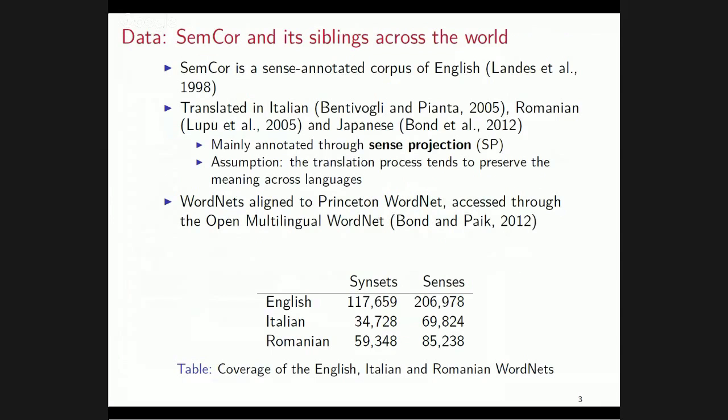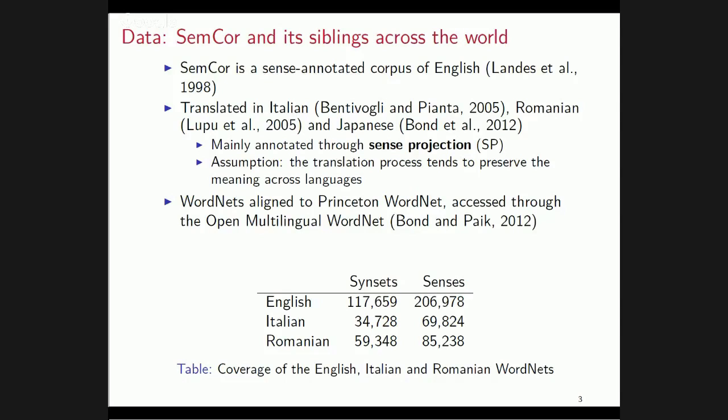We chose SemCor because it's a very well-known corpus. There has been lots of research on this corpus, and it is sense annotated in English and has been translated in Italian, here in Trento actually, Romanian and Japanese. It was mainly annotated through sense projection, which basically consists of projecting annotations from one language to the other through sense alignment.